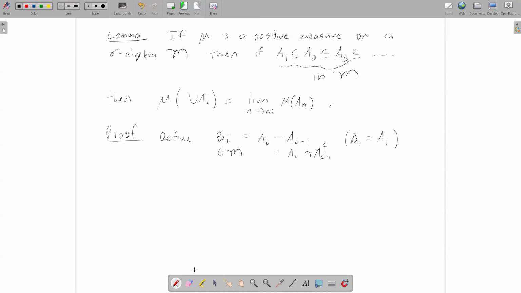All right. And we know from the definition of sigma algebra that sigma algebras are closed under complements and countable unions. Which implies, if you take the complement of this, what you get is A_i complement union A_{i-1}.